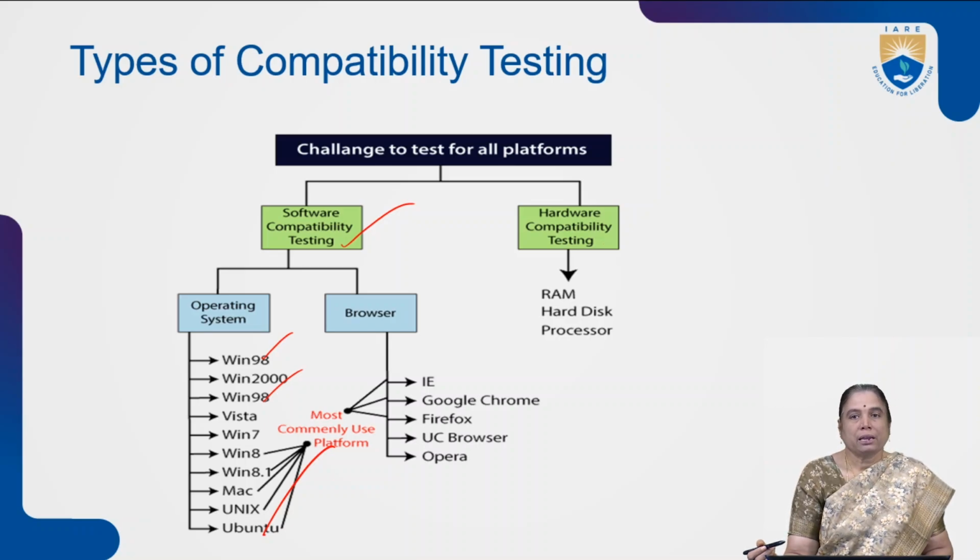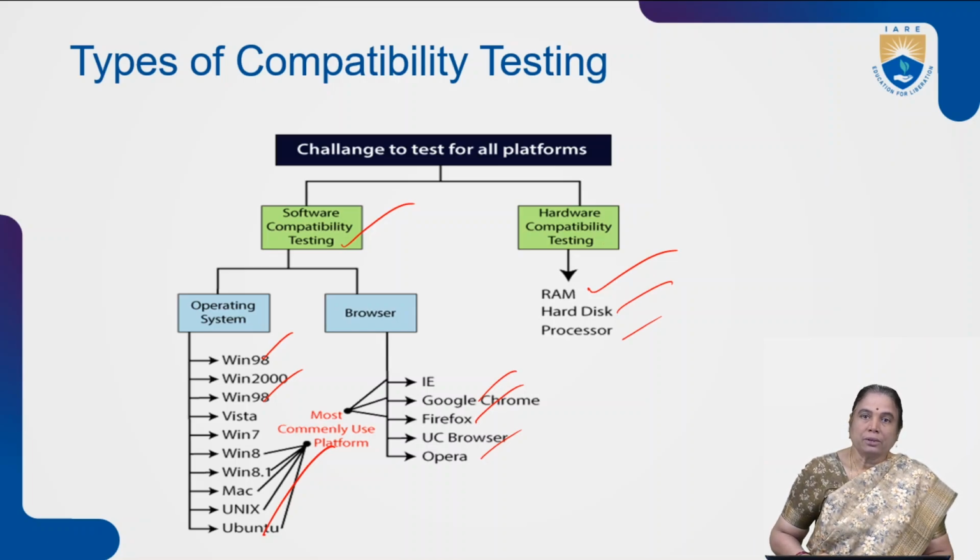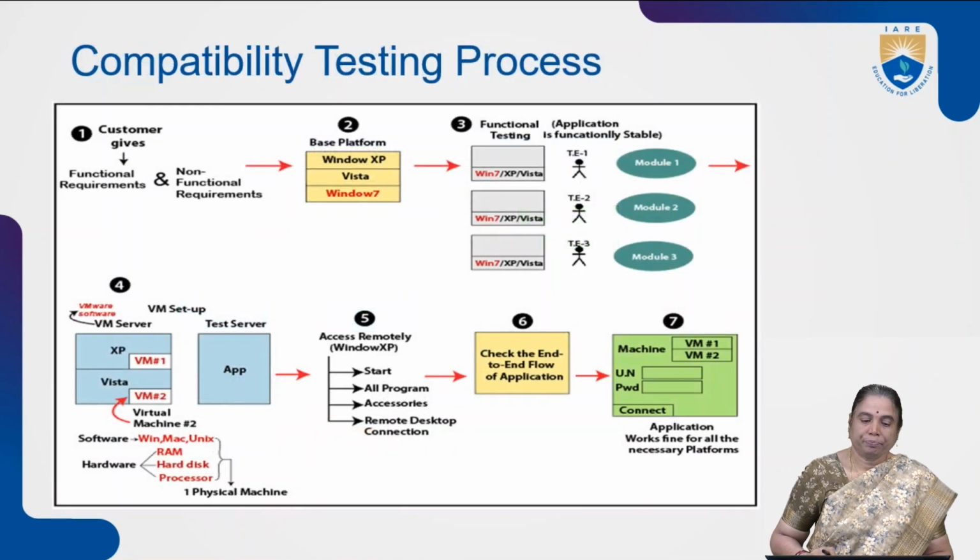The application can also be tested against a variety of browsers like Google Chrome, Firefox, Opera, etc. Not only software, but with different hardware environments also, the application is deployed and tested. Variety of RAM, hard disk and processor chips. The infrastructure is created and the application is deployed and tested against its compatibility, stability and performance.